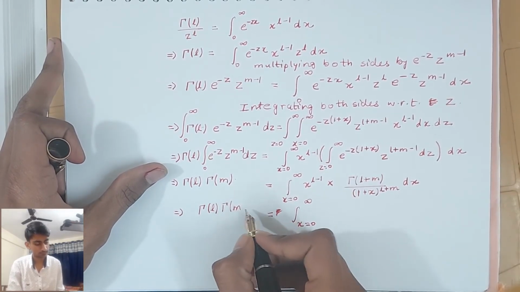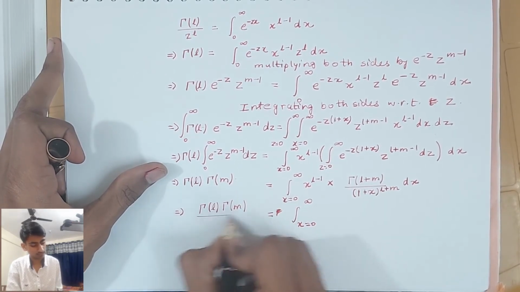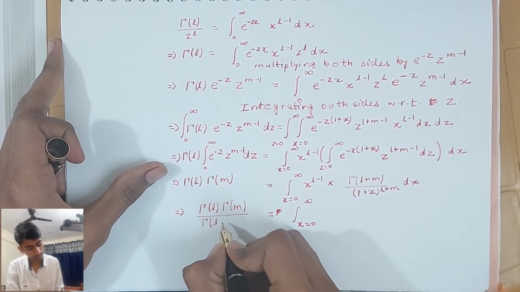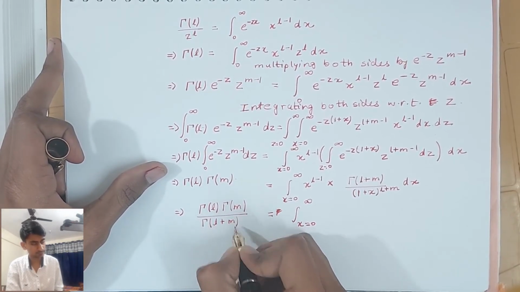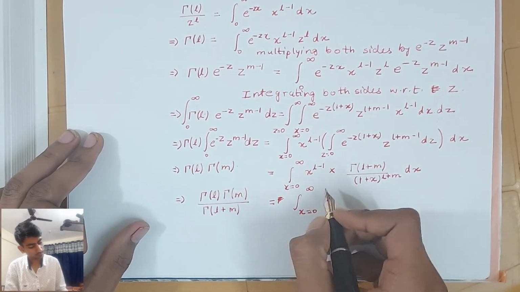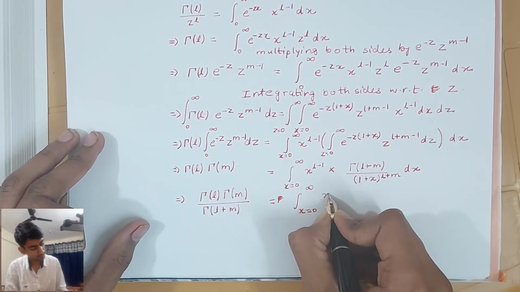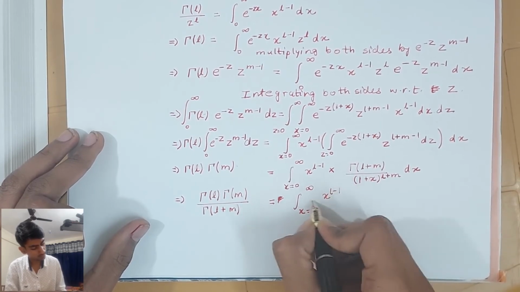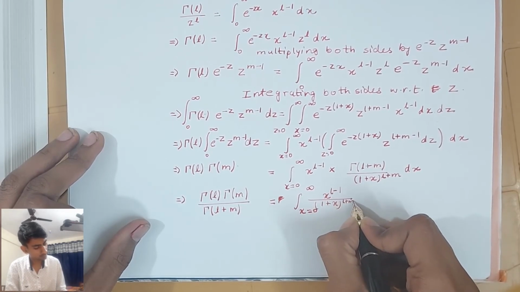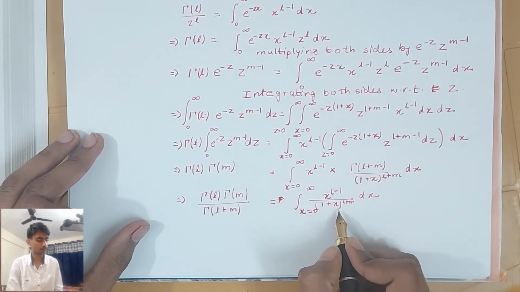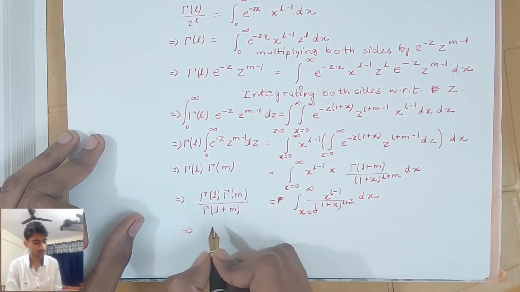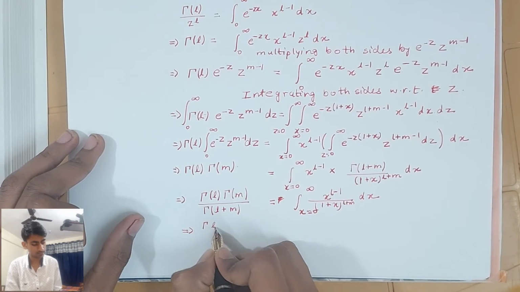and then gamma of L plus m. Okay, and here I can write x to the power L minus 1 by 1 plus x to the power L plus m dx, and this is nothing but the second form of the beta function that we just discussed previously.